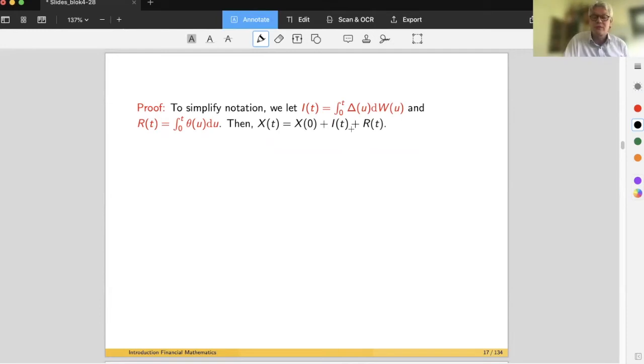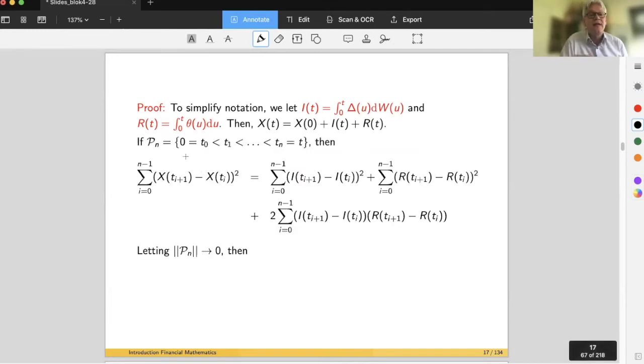Now, if we look at the quadratic variation, then what we need to do is, again, we take a partition of the time interval from 0 to t, and we partition in n parts, a partition script P_n, where t_0 is equal to 0, t_n is equal to t, and we have a sequence t_0 less than t_1 up until t_n.